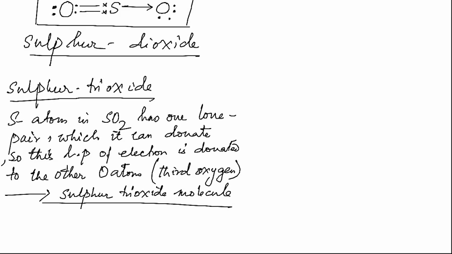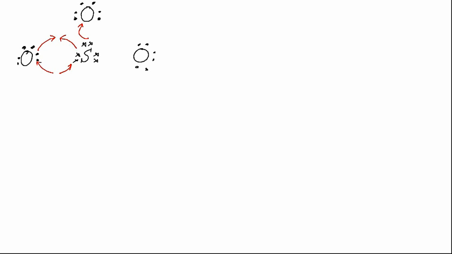We have already discussed in detail how the molecule of sulfur dioxide is formed. Now if you have a look at the structure of the sulfur trioxide molecule, it will be like this. There is an oxygen, there is a sulfur here, there is oxygen out here, and also a third oxygen containing 6 electrons in its outermost shell. There is the formation of a double bond here. This lone pair is donated to this oxygen, and this lone pair is donated to another oxygen.